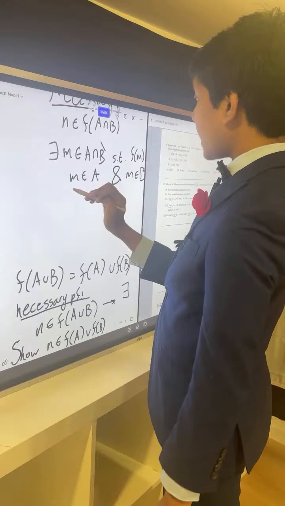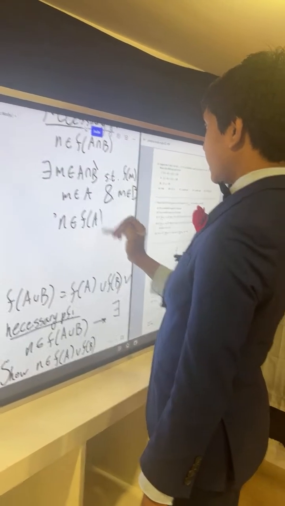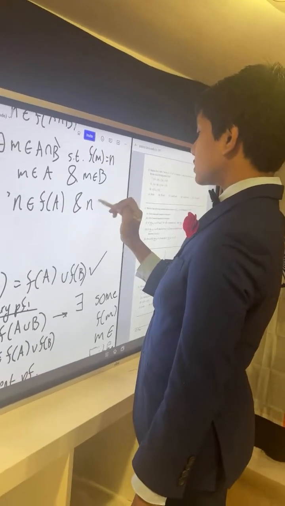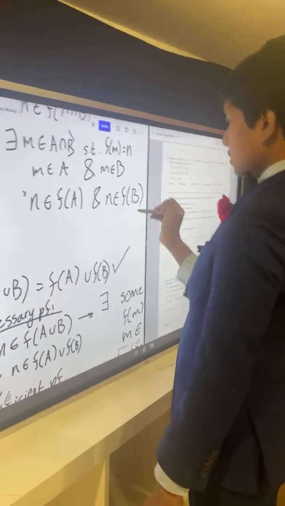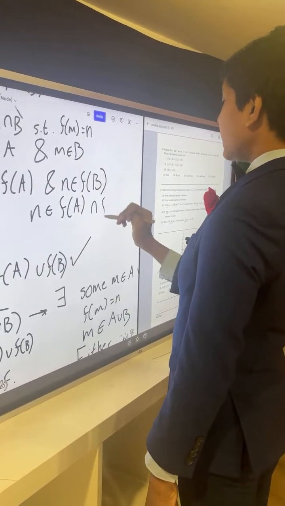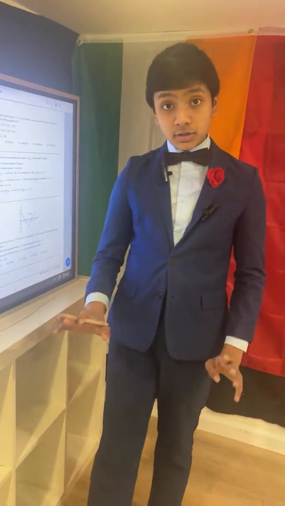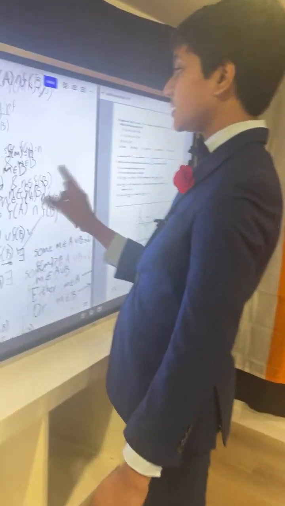Which means that f of m, which is n, must be in f of a, and n must be in f of b as well. So, of course, it has to be in their intersection. And I left it there thinking that that would be the right answer. But you also have to go through the sufficient proof.